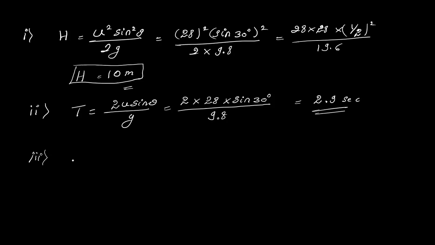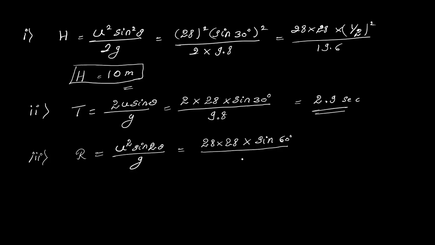Next, to find the horizontal distance traveled, it is u square sine 2 theta divided by g. So 28 into 28 into sine 2 theta. Sine 2 theta becomes sine 60 degree now, theta is 30, divided by 9.8.